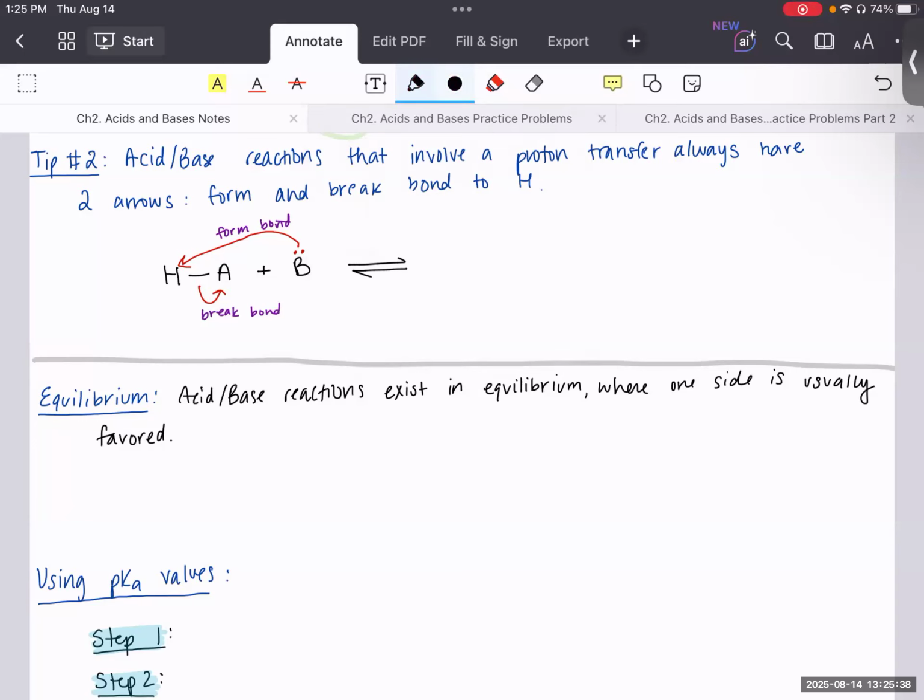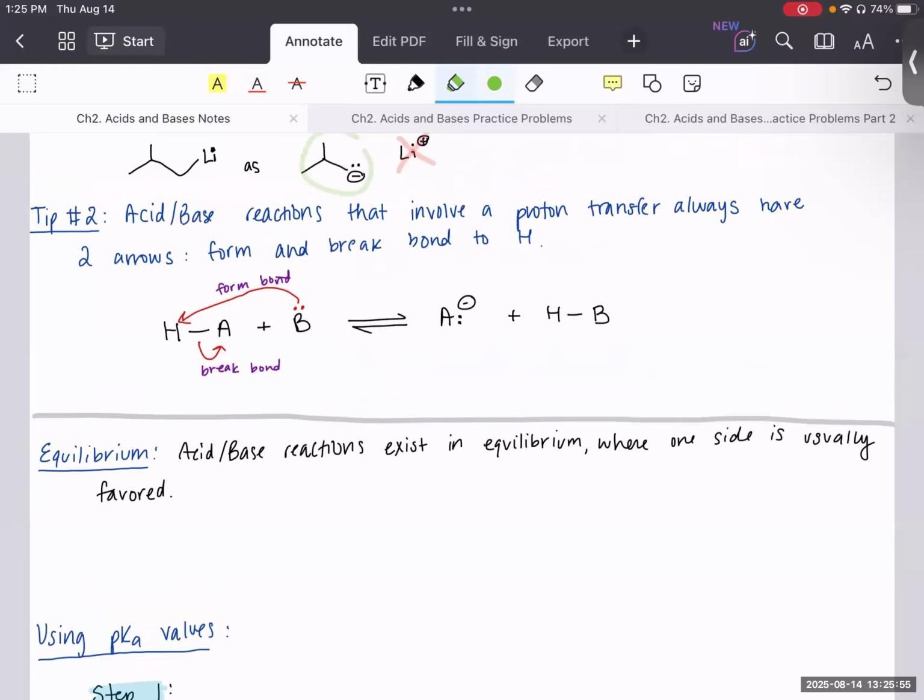And so our final product should look something like this, where we end up with A minus, because now that lone pair is on that acid. And then we end up with HB. And here I'm going to highlight the electrons that are involved in this reaction.